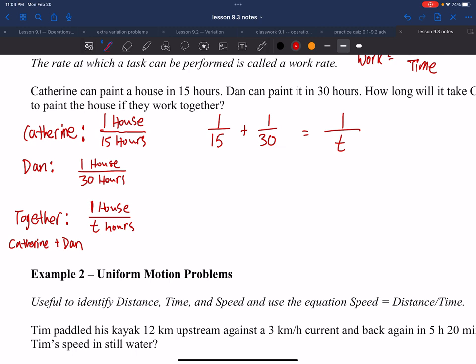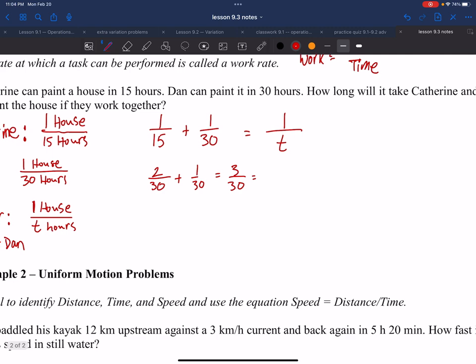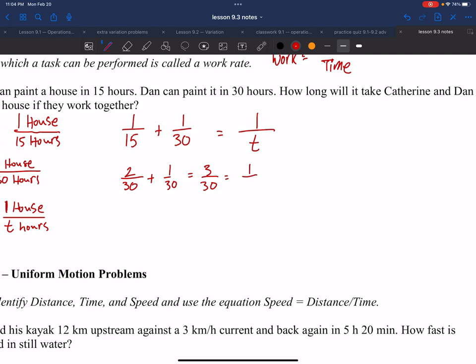So let's combine these. 1/15 plus 1/30. This is pretty typical math here. That's like 3/30ths. Is that right? Because if I double this, that's 2/30ths plus 1/30th equals 3/30ths, which if you divide 3 over 30, that's 1 over 10.